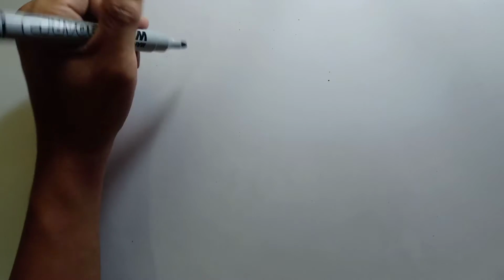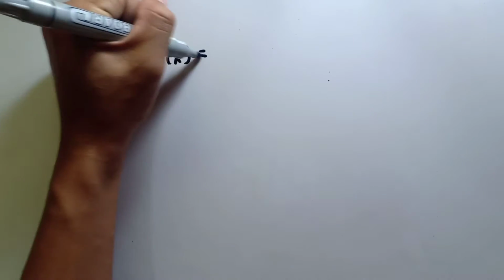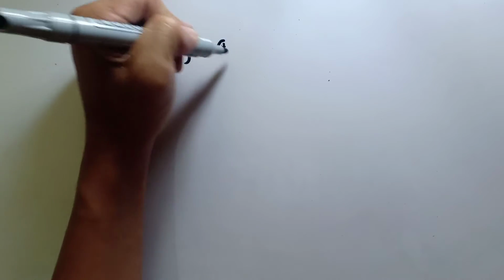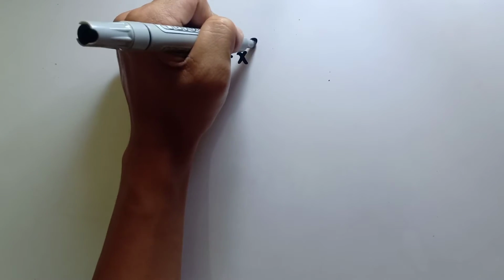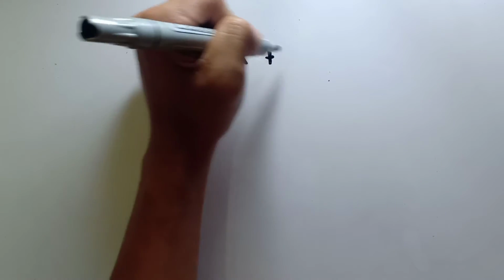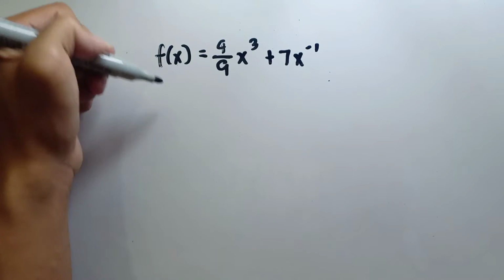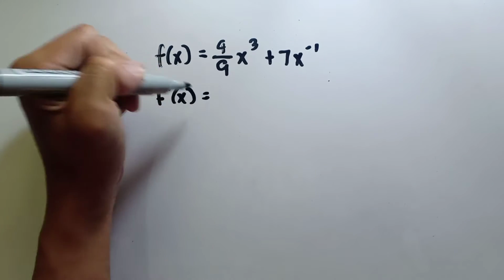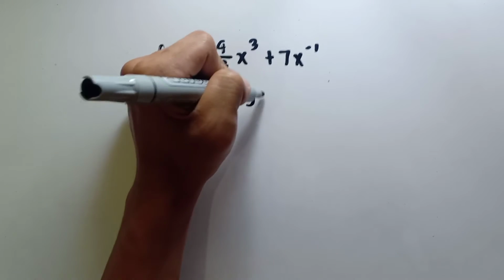The second example is f of x is equal to 4 over 9 x cubed plus 7x raised to negative 1. So to differentiate this, f prime of x is equal to 4 over 9 multiplied by 3x.